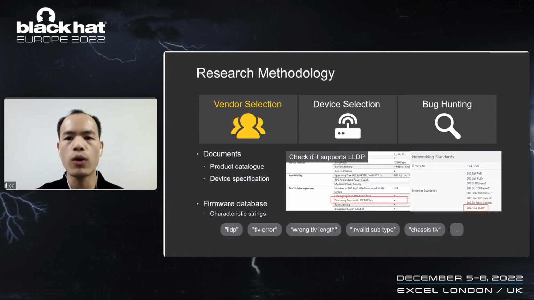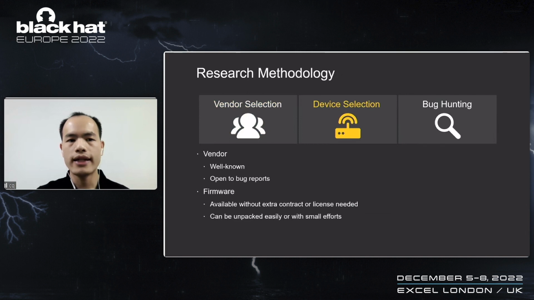If no such catalog exists, we turn to the device specification to check if it supports the LLDP feature or not. The other is to search related strings in our firmware database, such as LLDP, TLV length, TLV error, and so on.